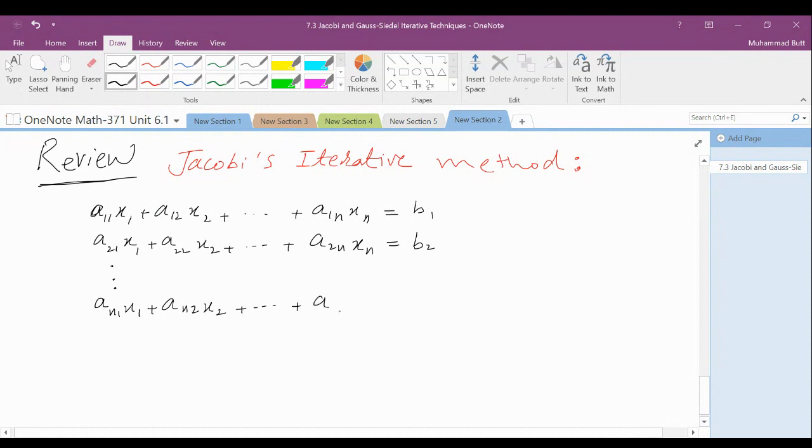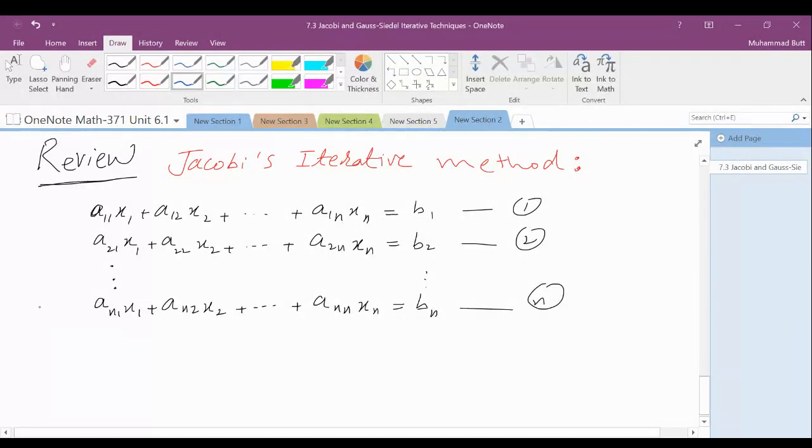So from this you can see that I have written the n equations in n unknowns. The first equation is this, the second one is this, and this is the nth equation.